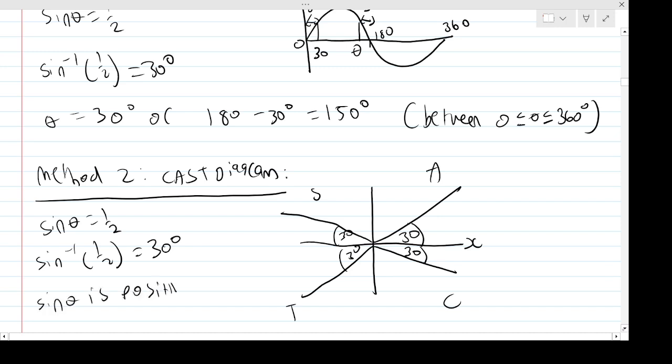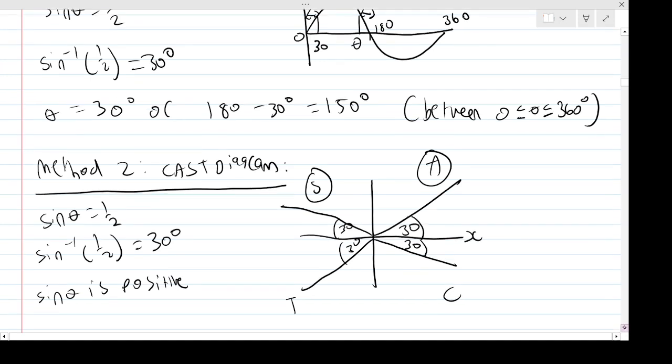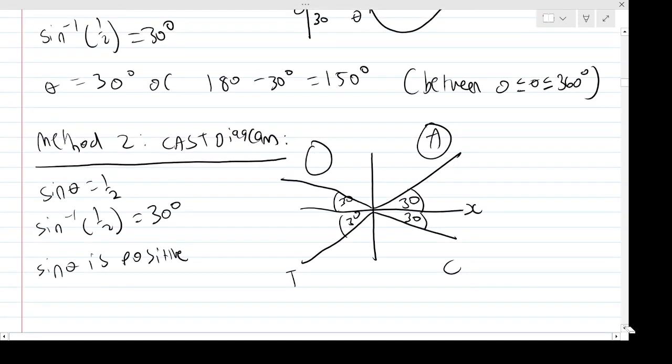So what quadrants get me a positive value for sine? Well, A, for all, means all the trig functions are positive in this first space, so sine is positive. But then also S for sine here. So that means sine is also positive at this angle here in the second quadrant. Then we just need to work out what that angle corresponds to.